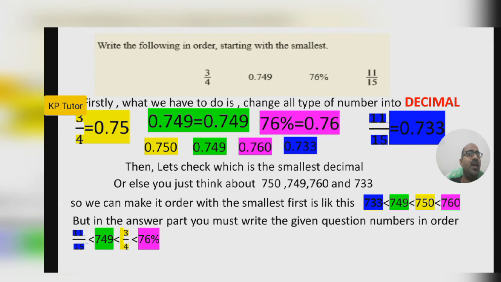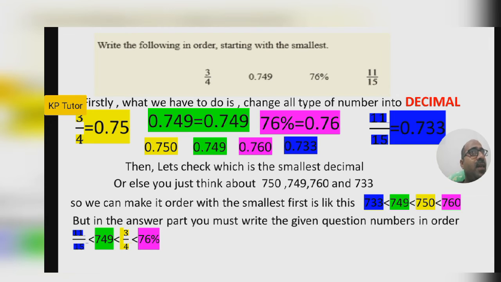0.733. That means don't write the decimal number. You have to write the number which is given in the question. So think about it. Don't write the decimal. That is 11 by 15, you can write first. The next number is 0.749, because 749.